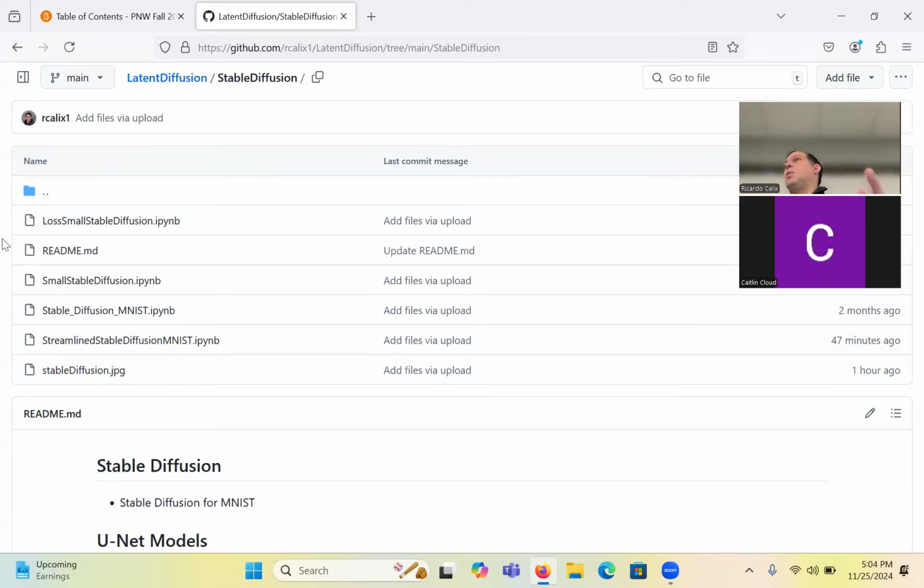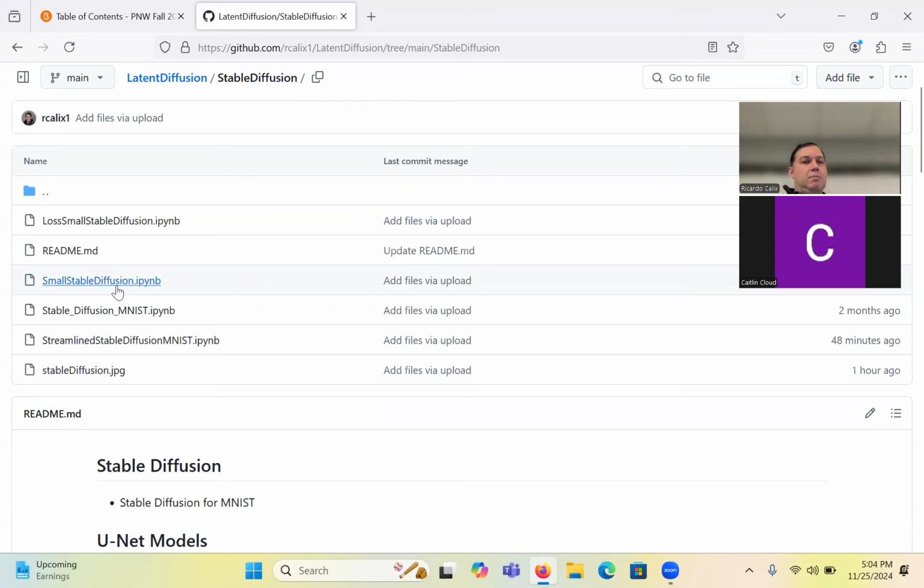It's actually pretty simple, but I'll discuss the many hours that I spent trying to reverse engineer this function, and at the end of the day, I think it's actually very straightforward. So the loss small notebook is our discussion on how the loss function works for stable diffusion. In the past, if you remember, we've done MSE or cross entropy, right? So those are the two loss functions available.